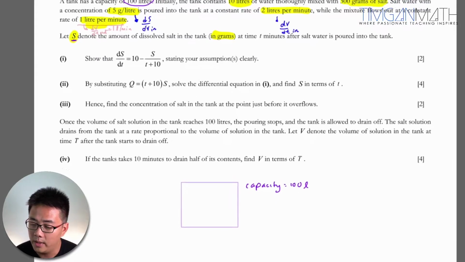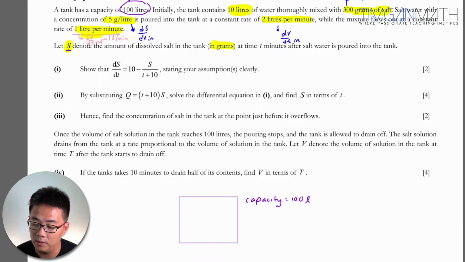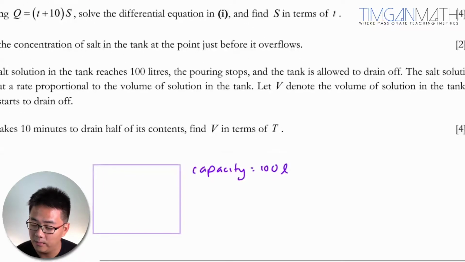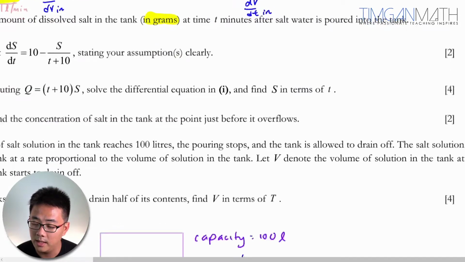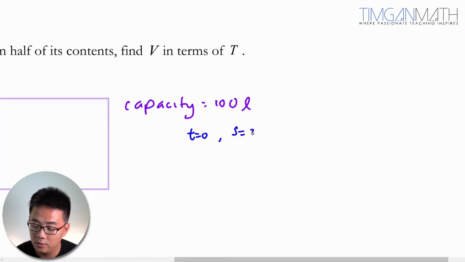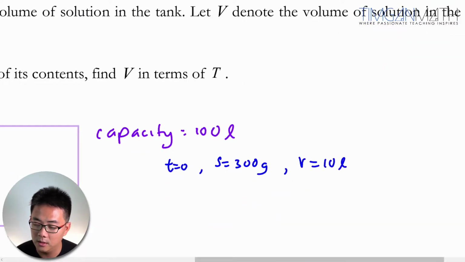So we have salt at 300 gram, and the tank contains 10 liters of water. So at time t equals 0, my S is 300 grams and my volume of water is 10 liters. Let's write that down.